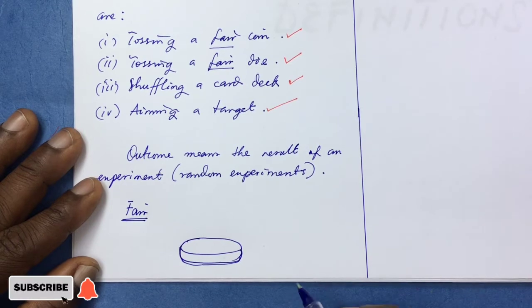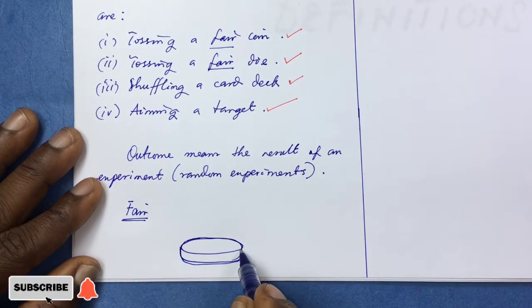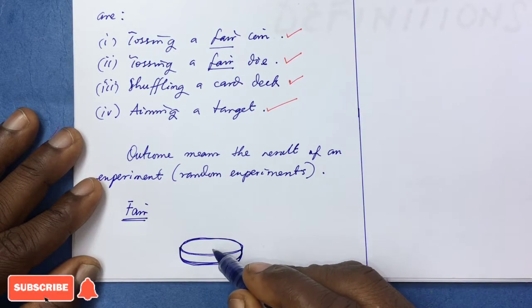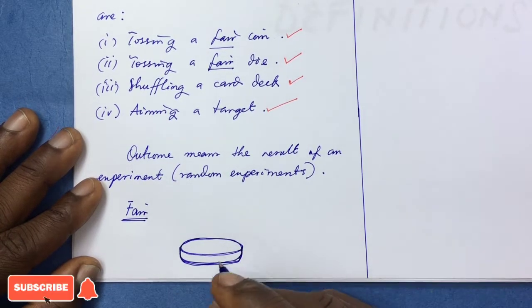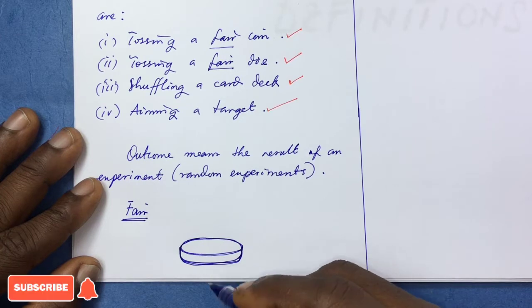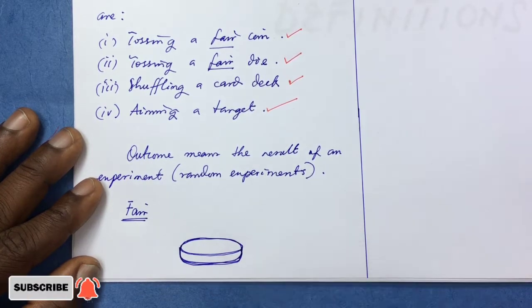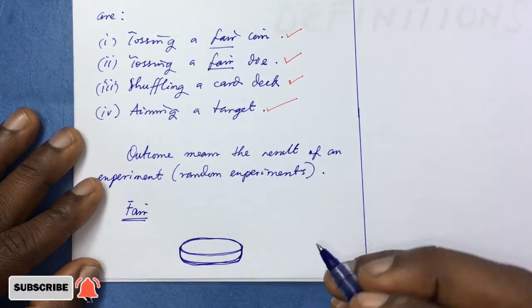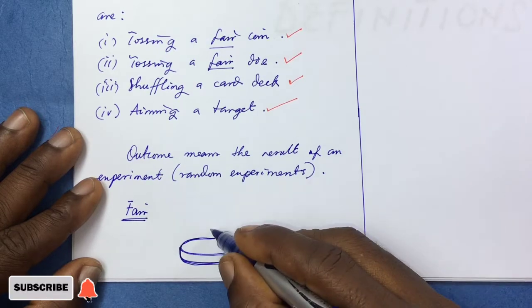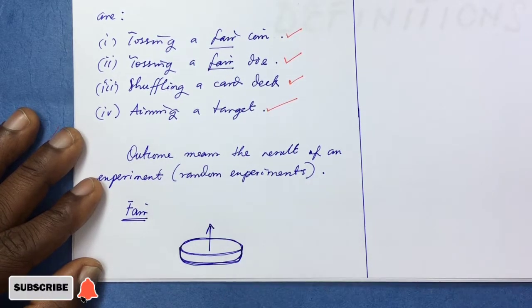Now take note of one thing. Any of the coin's base can be called a head or a tail. Either of the base can be called a tail or a head. But you must take note of these. What we call the head is the surface of interest.